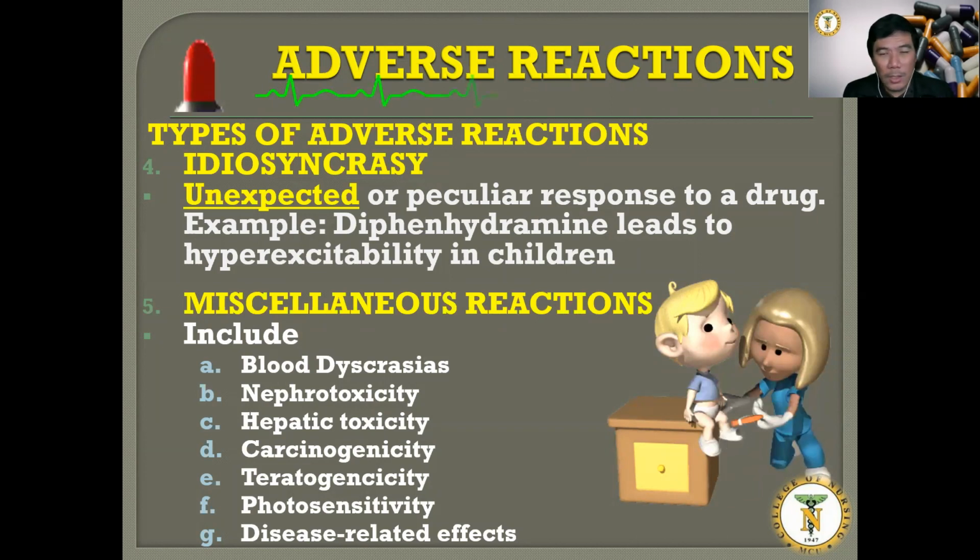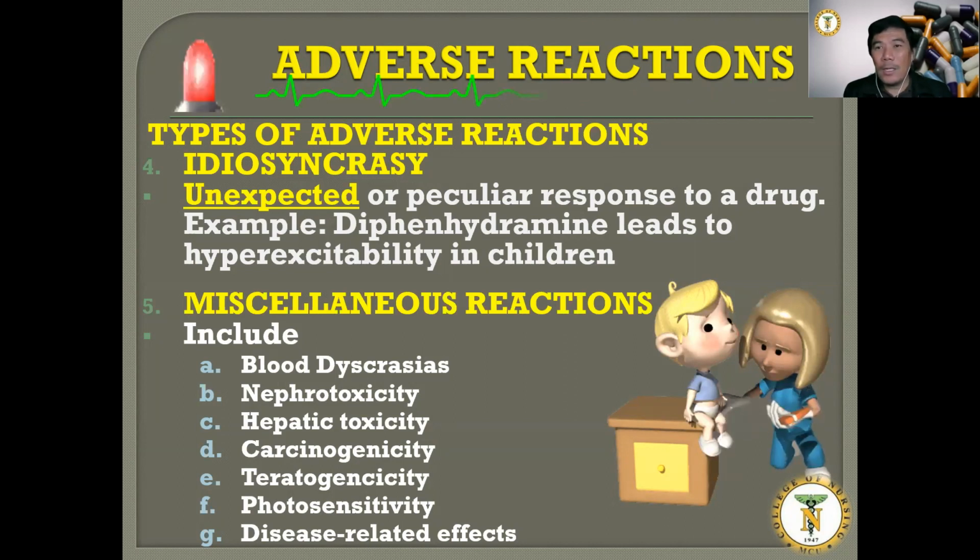Teratogenicity. If it is teratogenic, the one that you may bear in mind is these are the drugs that may have direct effects on the fetus. It may affect the fetal well-being.